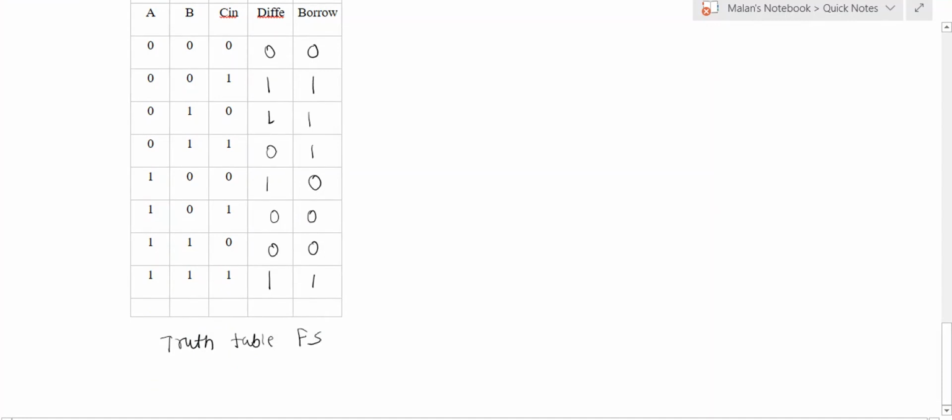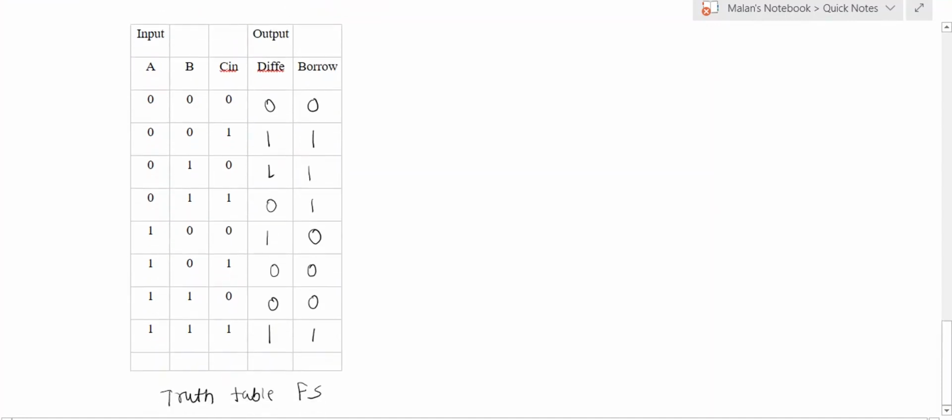Now once we have the truth table, our next task is to find the Boolean functions representing the difference and borrow. For the difference and borrow, three variables are used, so we need to construct a three-variable K-map.